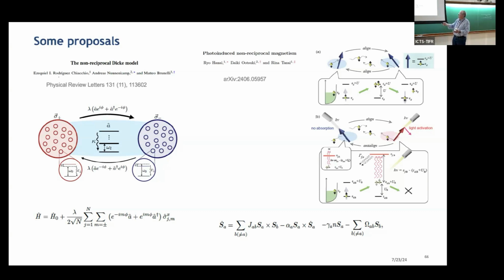Let's call them sigma plus and sigma minus, and they're interacting with this photon field, but in a way which has a kind of synthetic gauge field. These are all bosonic, right? So with a synthetic gauge field, you can build the kind of model that will do that.